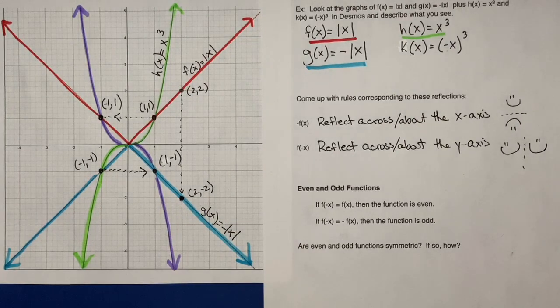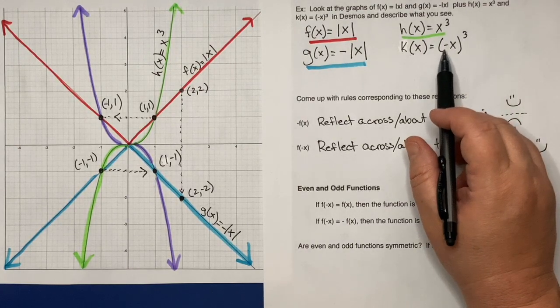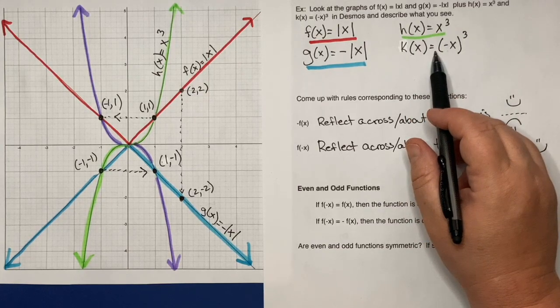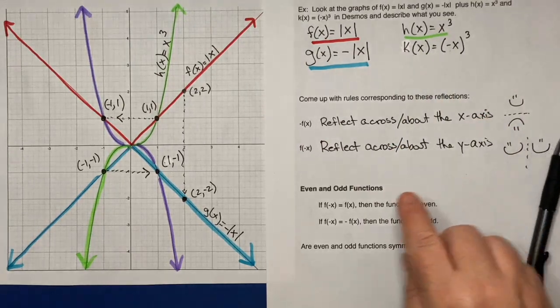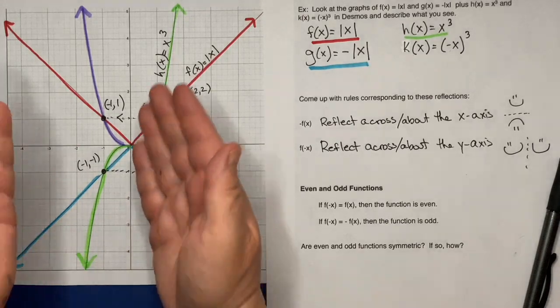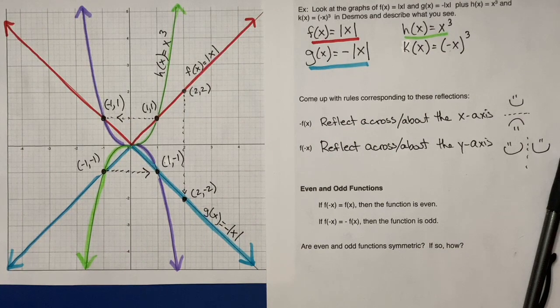Now, what's interesting about this one? Well, what's interesting about this one is if you put a minus inside, because it's cubed, you're going to end up with a minus outside. So if you actually look at this one, could you imagine that instead of reflecting it this way, we reflected it top to bottom? And the answer is yes, it works that way too.